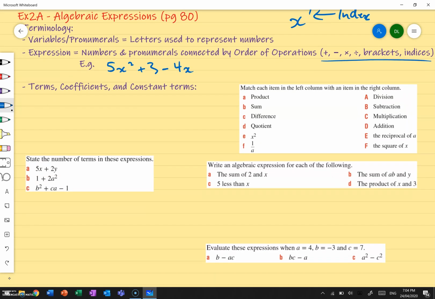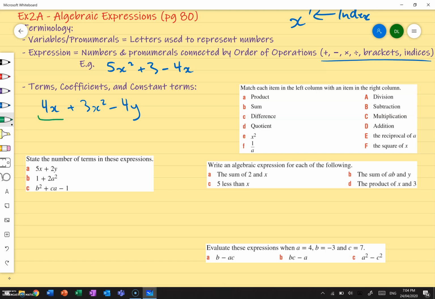Awesome. So up next is terms, coefficients, constant terms. Terms are a combination of numbers and variables connected only by multiplication and division. For example, if I say 4x plus 3x squared minus 4y, I've got three terms here.